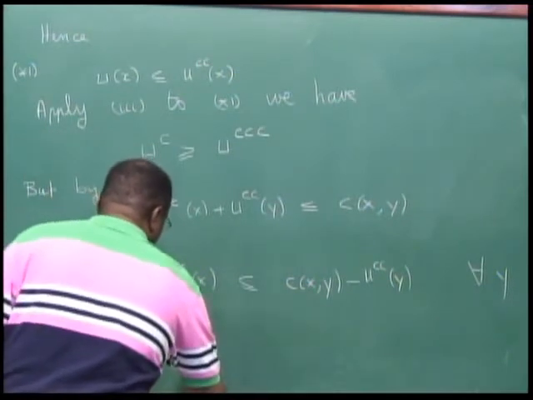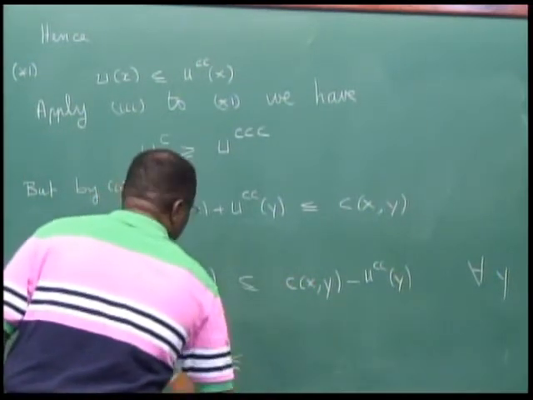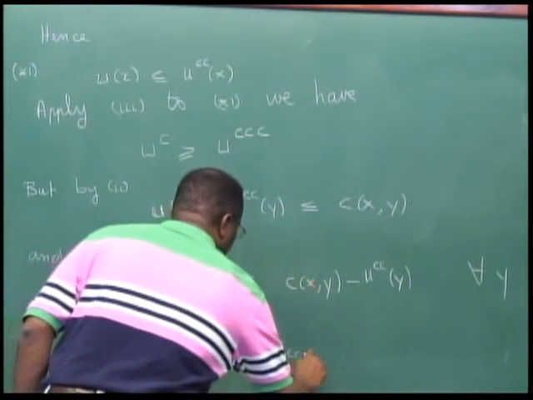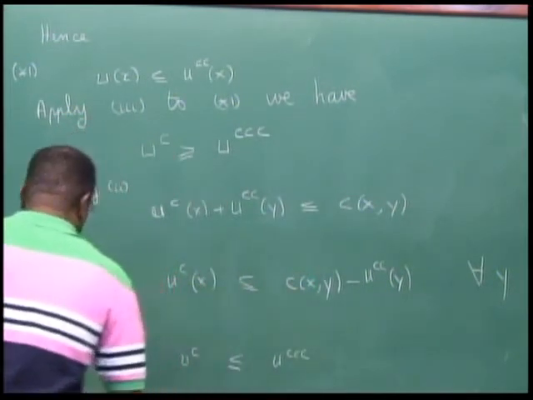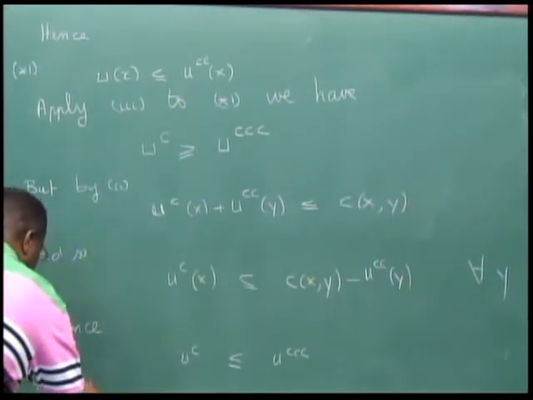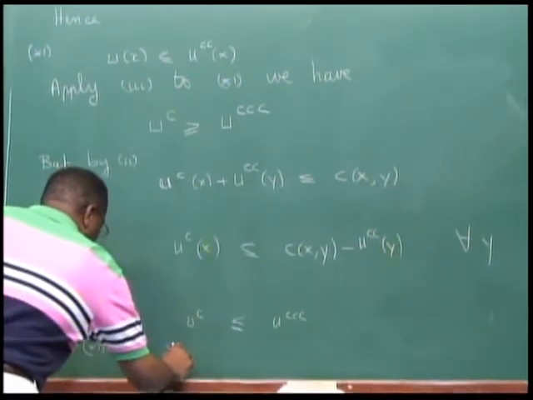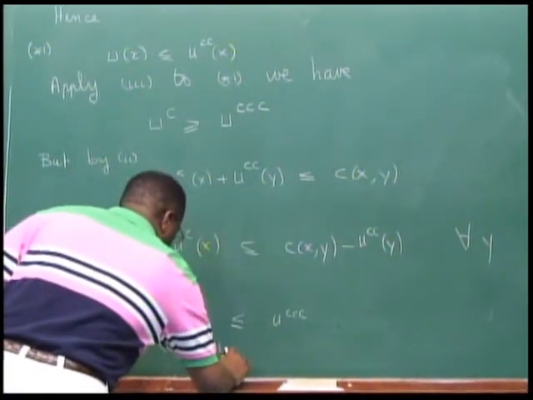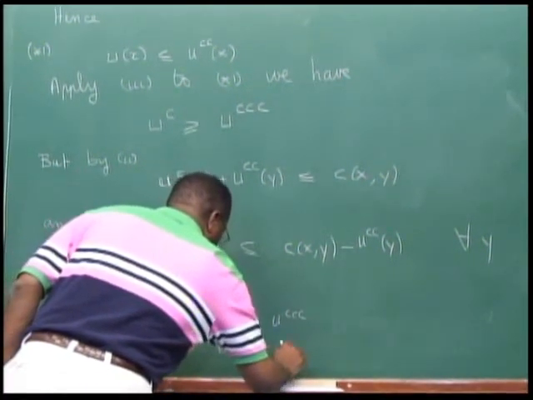So I get u^c is less than u^ccc. By star 1 and star 2, u^ccc equal to u^c.